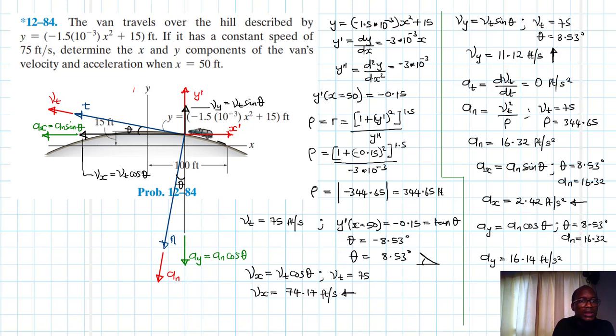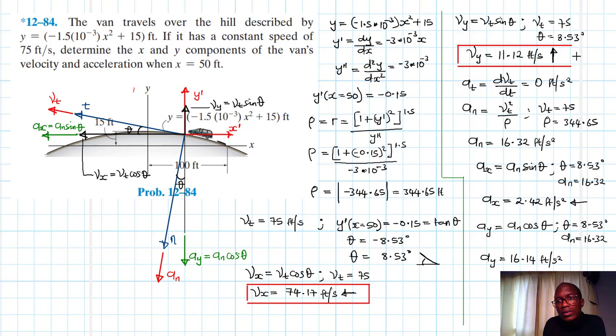Let's just outline the final solutions. So we have velocity, there we go, we have our velocity in the X direction, and then we do have our velocity in the Y direction, there we go. And then we do have acceleration in the x direction.